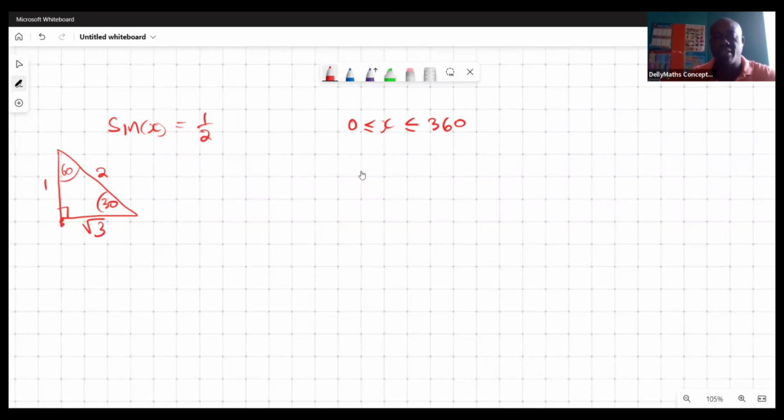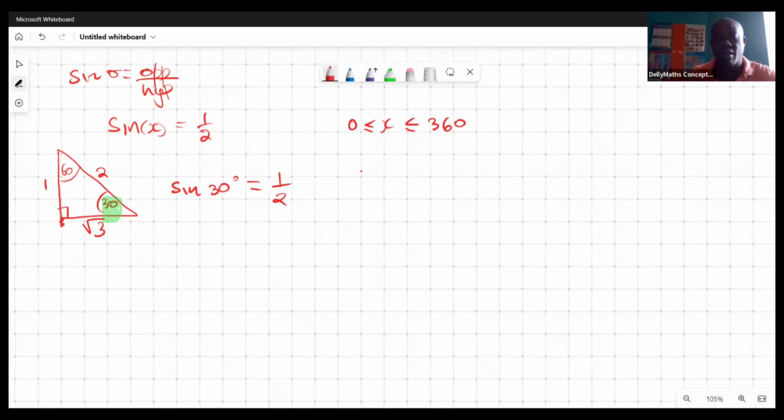The sine of 30 is going to give us the opposite over the hypotenuse, because remember, from the trig ratios, sine of the angle is the opposite side over the hypotenuse side. So sine of 30 degrees is going to give us a half. This is one solution, and this is an acute angle.